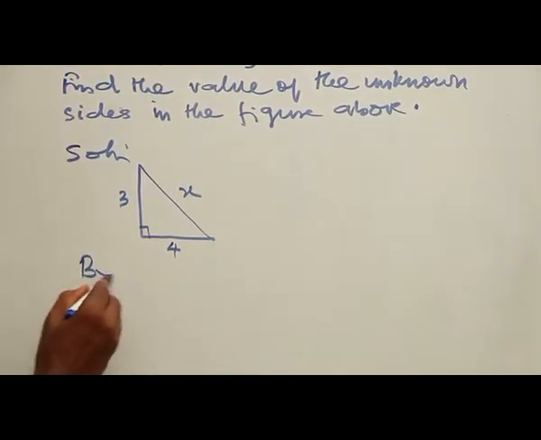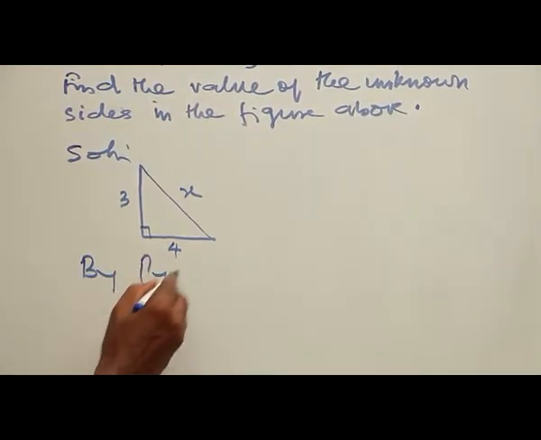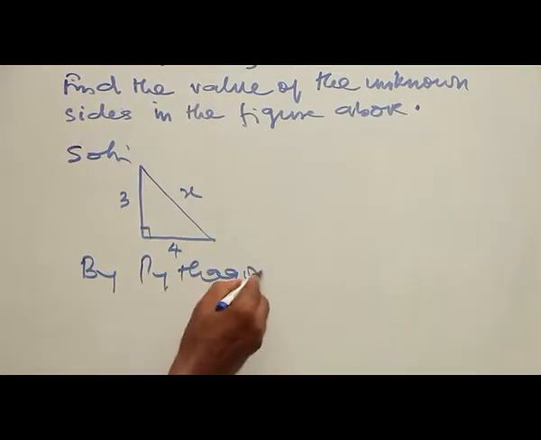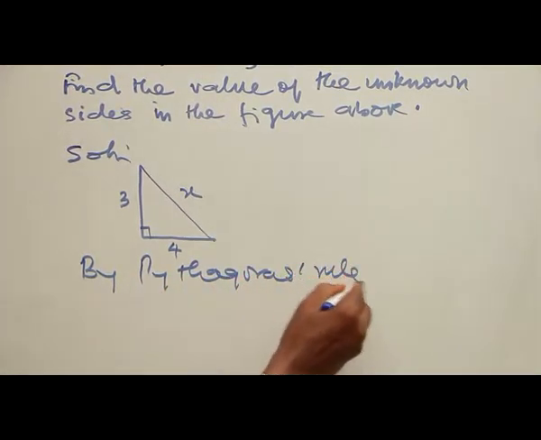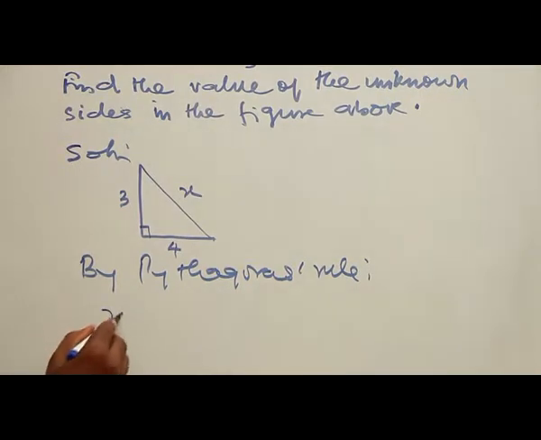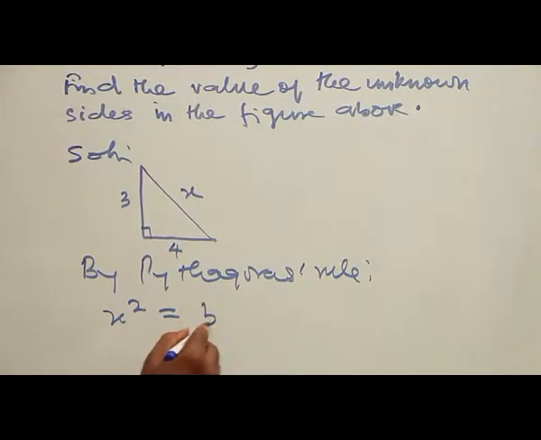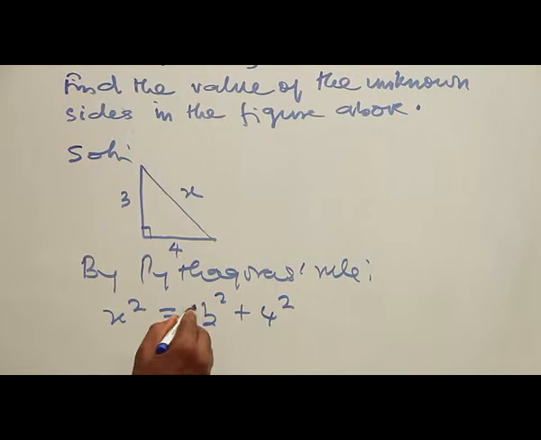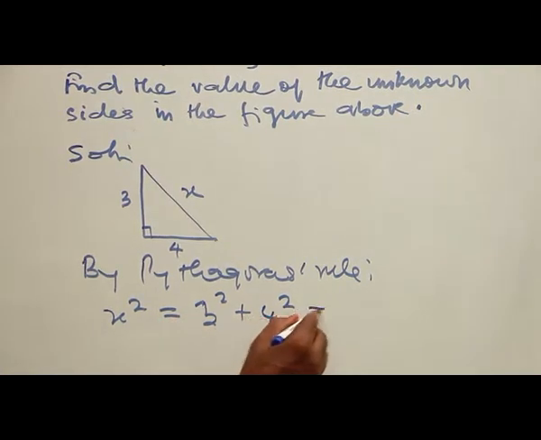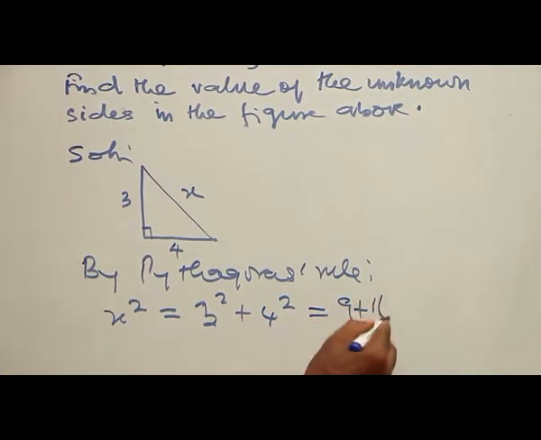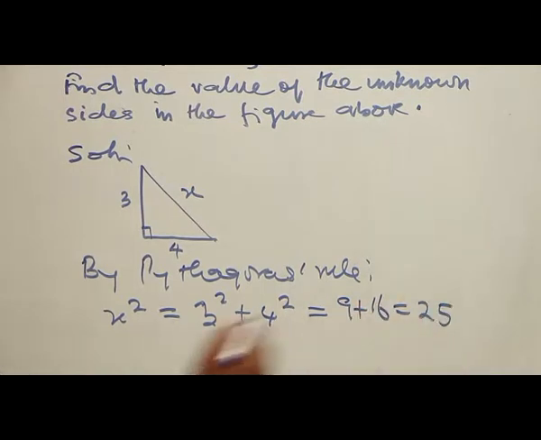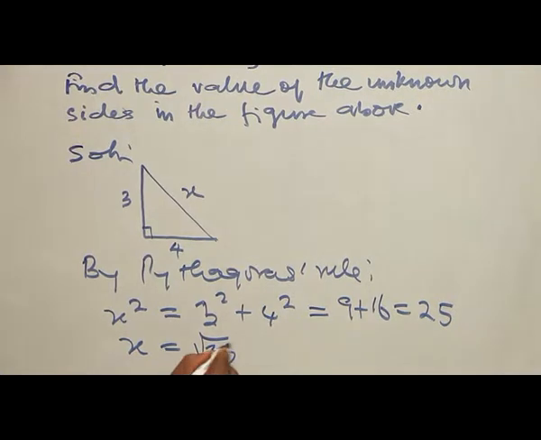We will deal with this by using Pythagoras' rule, and that says that the square of the hypotenuse is equal to the sum of the squares of the other two sides. So we square this. 3 squared is 9, 4 squared is 16, and that will give you 25. Therefore, your S is equal to the square root of 25, and that will give you 5.